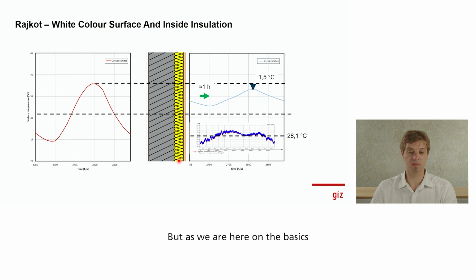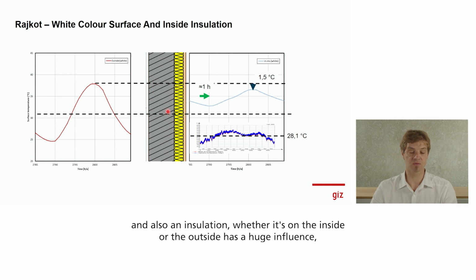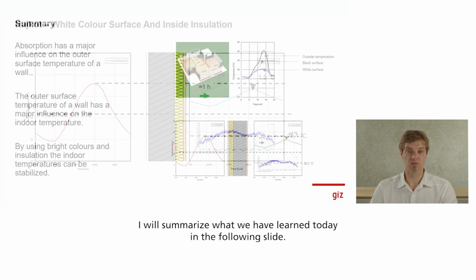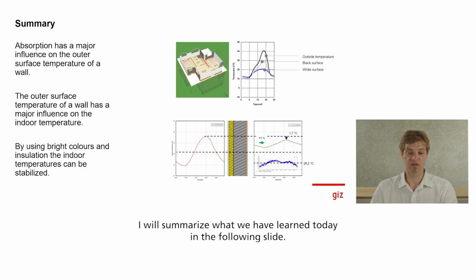But as we're here on the basics, and you have seen that the color on the outside has a huge impact, and also that insulation, whether on the inside or the outside, has a huge influence, I will summarize what we have learned today in the following slide.